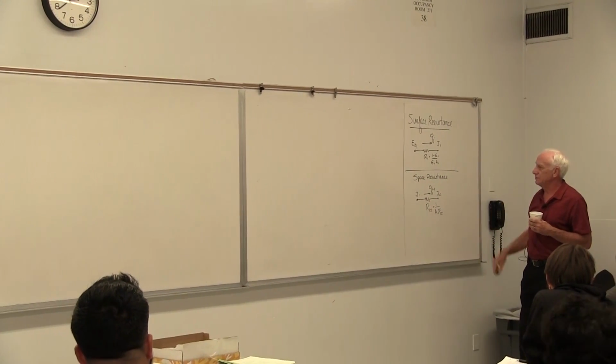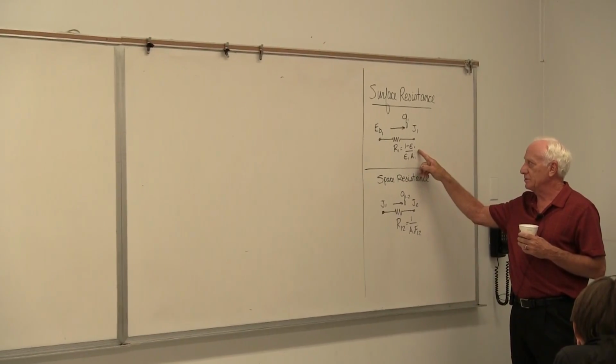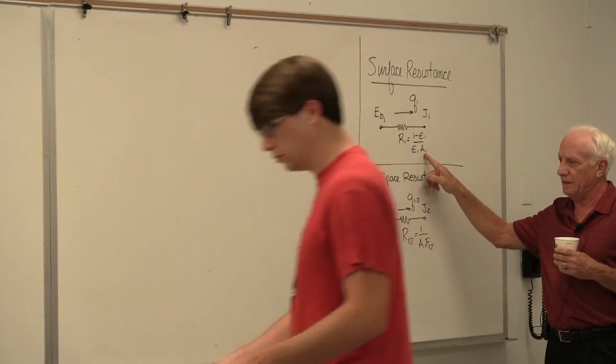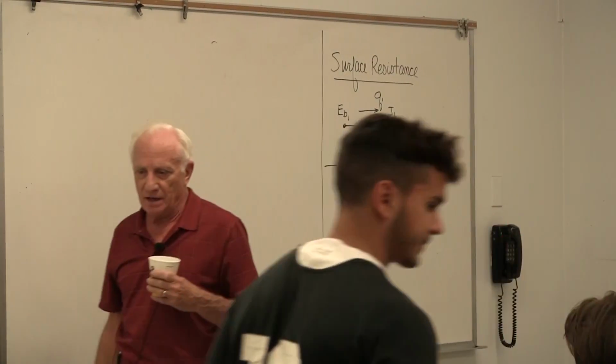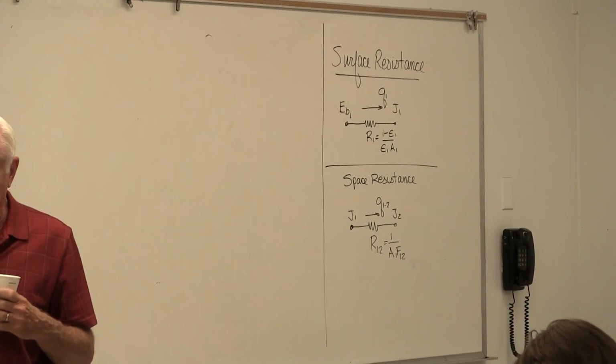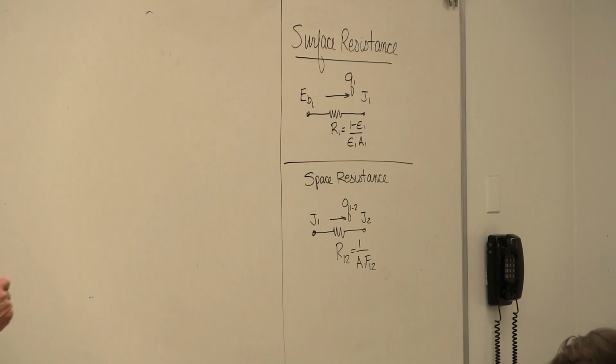One is called a surface resistance. Its value is 1 minus the emissivity of the surface divided by the emissivity times the area of the surface. And there's a little model of it right there. Every surface in an enclosure has a surface resistance.